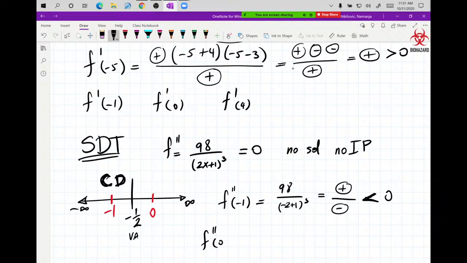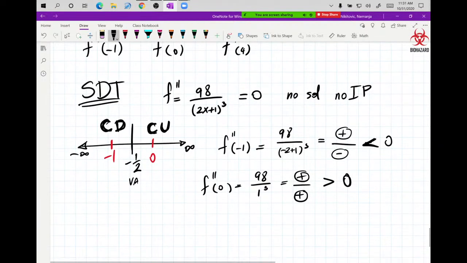Second derivative computed at 0 is 98 over 1 cubed, and that's positive divided by positive. I know the answer is 98, but I don't care. Positive divided by positive is positive, so we are getting concave up. Good. We have our concavity.